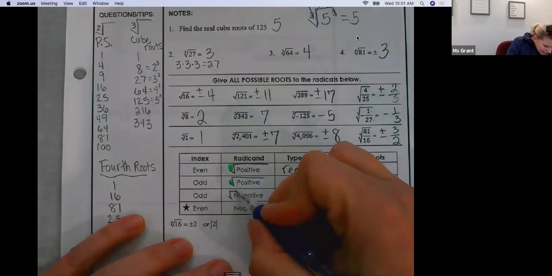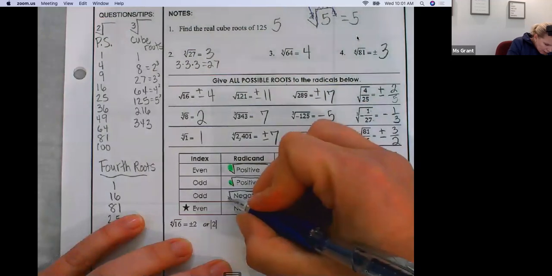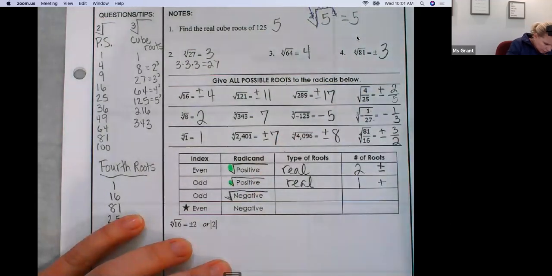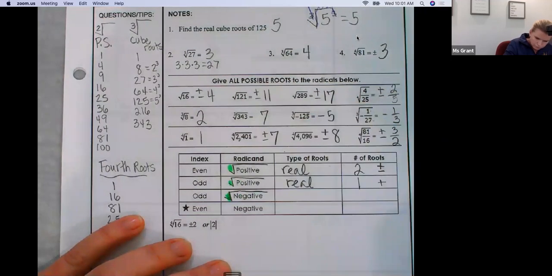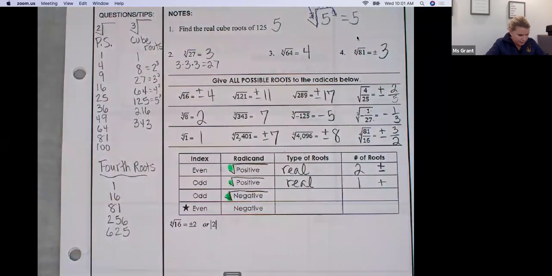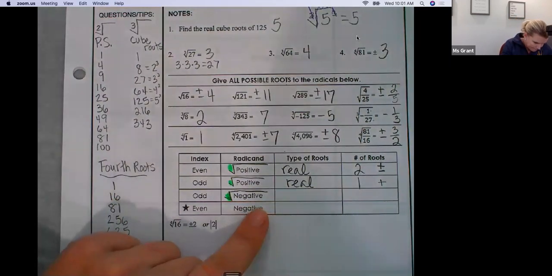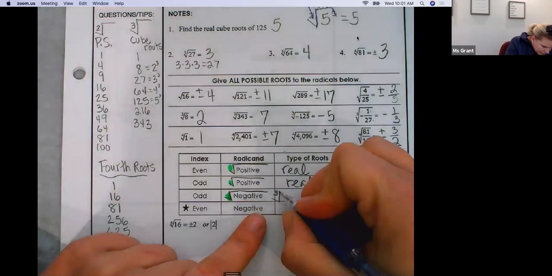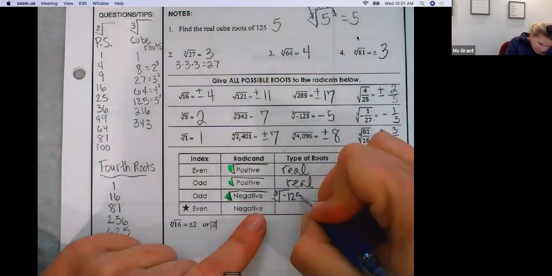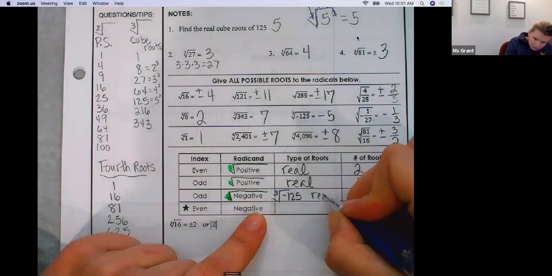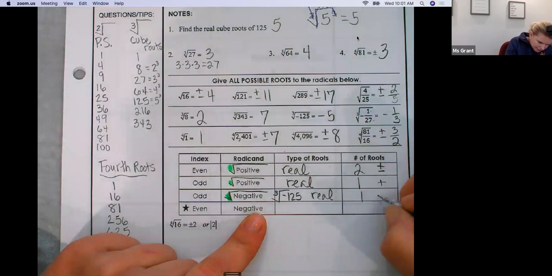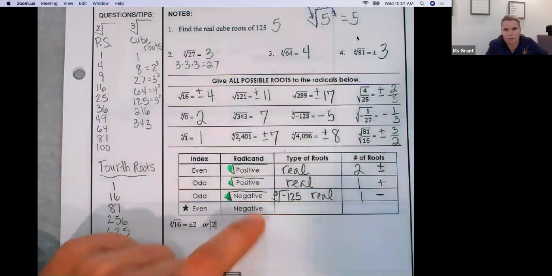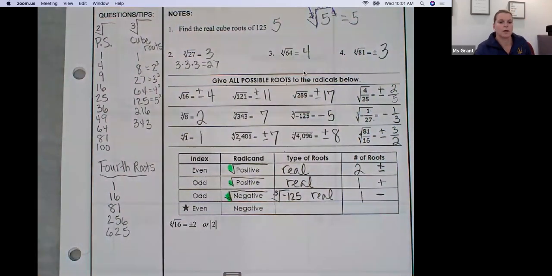If I have a negative number underneath the root, that would be like the cubed root of negative 125 up above. It's going to be real, but there's only going to be 1 answer, and it's going to be negative. Oh, I saw somebody have their hand up.